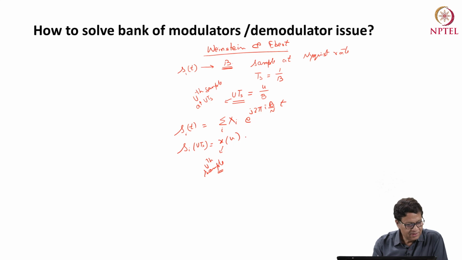So this will be the sum over i of Xi e raised to j 2 pi i B by n, u by B. So this becomes the sum over i of Xi e raised to j 2 pi i u by n.